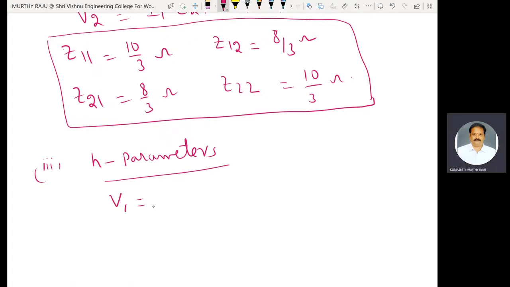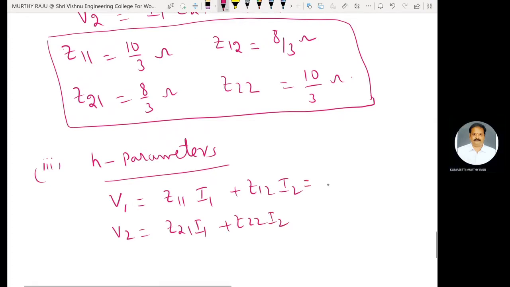Consider Z parameters. V1 is equal to Z11 I1 plus Z12 I2. V2 is equal to Z21 I1 plus Z22 I2.